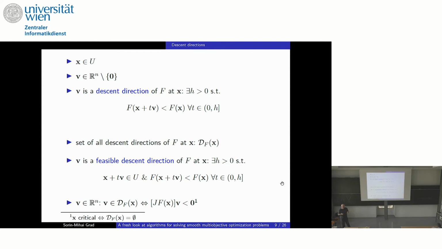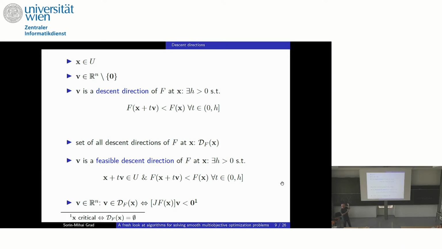First of all, what's a descent direction? A descent direction is basically a direction where the vector function becomes smaller component-wise. And of course, a feasible descent direction is, roughly speaking, the same thing, but you have to stay feasible.